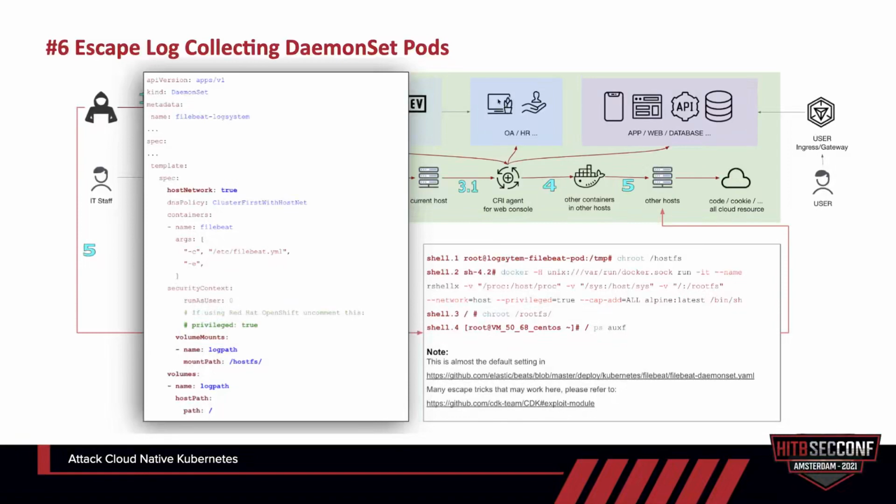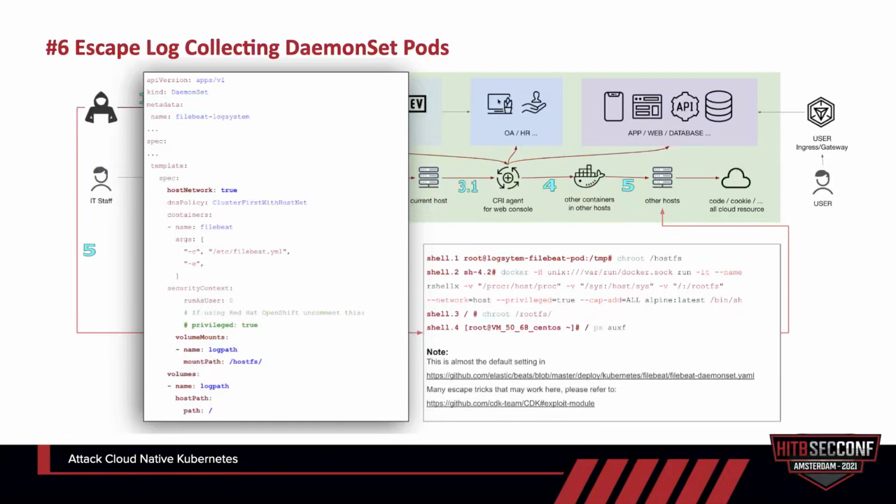It uses a K8s DaemonSet YAML file like this. This is almost the default setting in the official reference of Elasticsearch Beats. Many escape tricks can work here. It is both privileged and mounts the root directory to the container for logging.